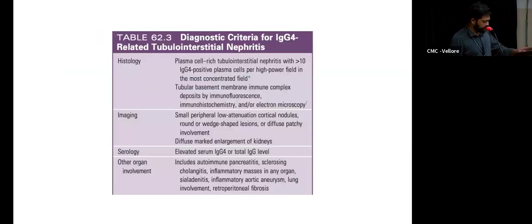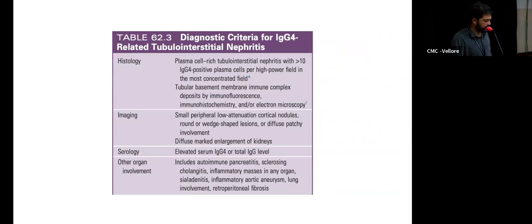So here is the histology. It will have predominantly plasma cell rich tubulointerstitial nephritis with more than 10 IgG4 positive cells. In CMC, as far as I understand, we are not doing the IgG subclasses as such. So IgG4 positive plasma cells are counted in the most concentrated field, along with tubular basement membrane immune complex deposits by IF or electron microscopy.